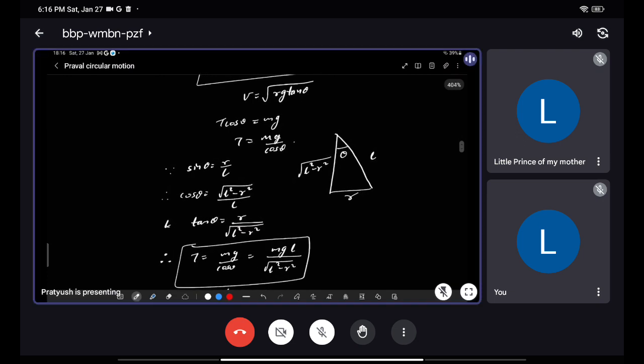Now what will be the tension? Tension multiplied by cos theta equals to mg. So T equals to mg upon cos theta. Now tan theta we have written and cos theta we have written. So what will be the tension?